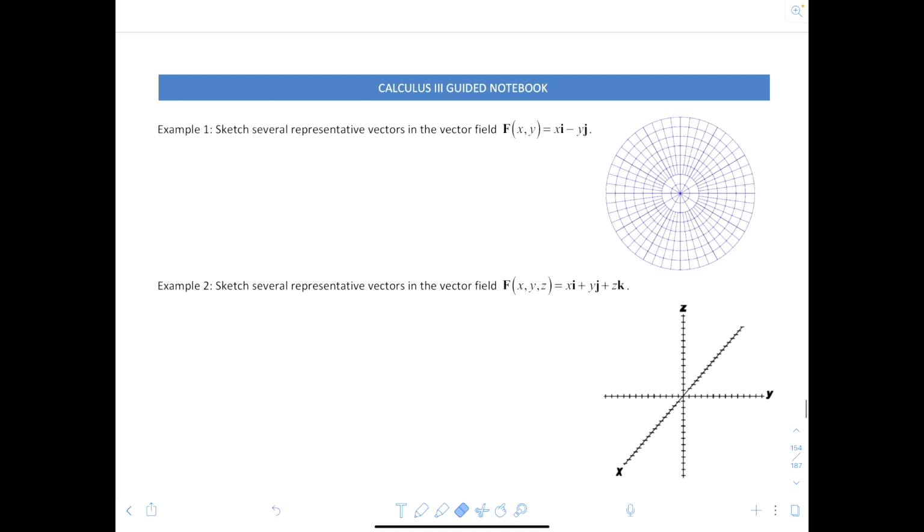The magnitude of f is equal to the square root of x squared plus y squared, right? And the magnitude of f is equal to some c. And so wouldn't that be true, that x squared plus y squared would equal some c squared.